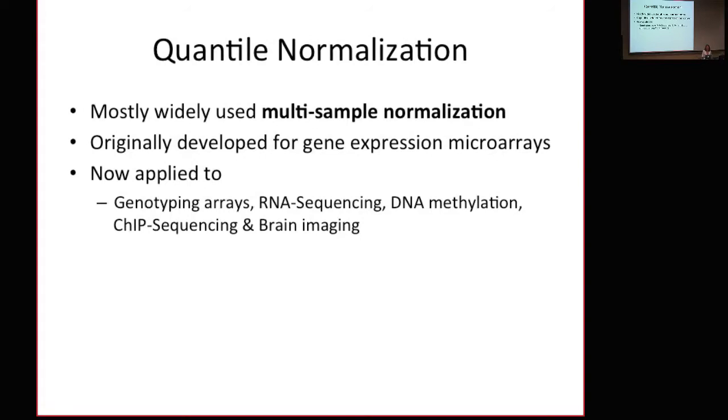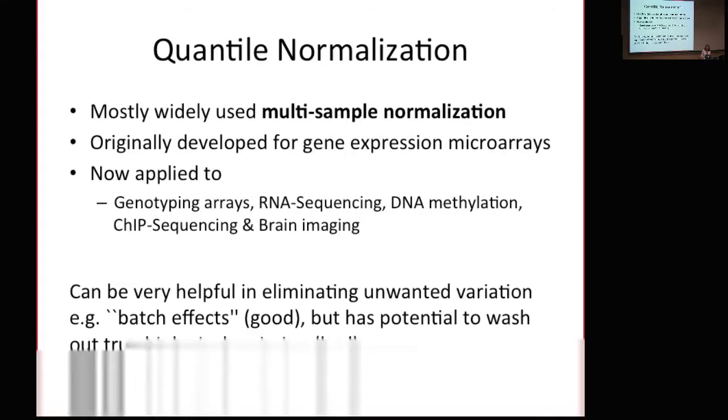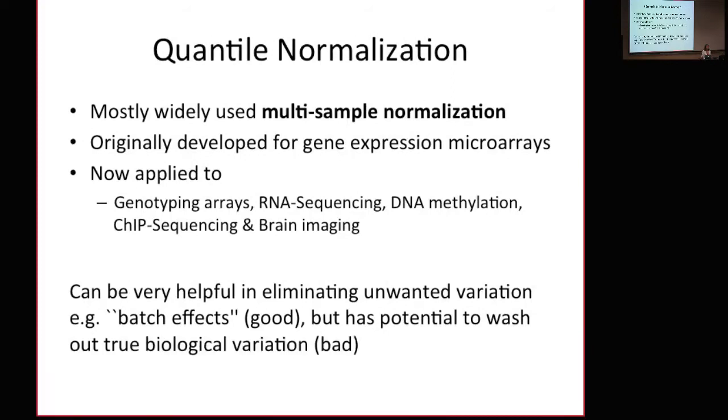It was originally developed for gene expression microarrays, if you know what those are, but it's now applied to all areas of genomics: ChIP sequencing, RNA sequencing, brain imaging, all over. It can be very, very helpful in eliminating unwanted technical variation. But the problem is it's based on a really big assumption.